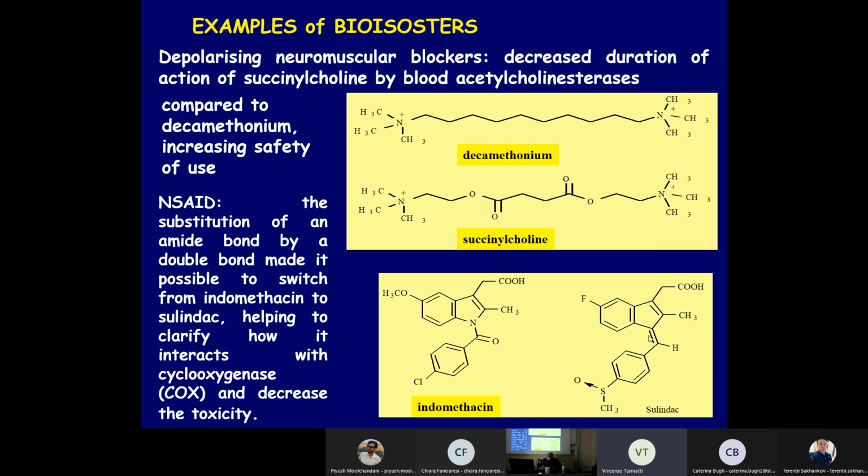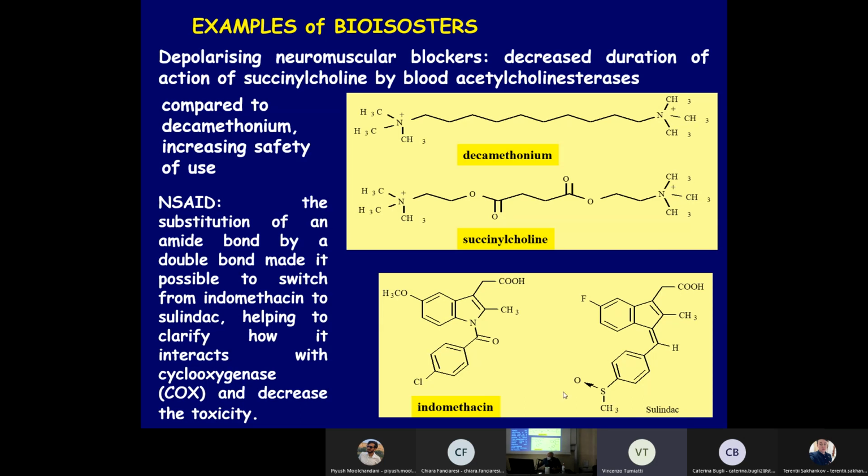They introduced a double bond, and they found that the active geometric isomer was the syn, zusammen, Z isomer, with the two aromatic rings in the same part of the molecule. And this was the first point. They found the right conformation of indomethacin.